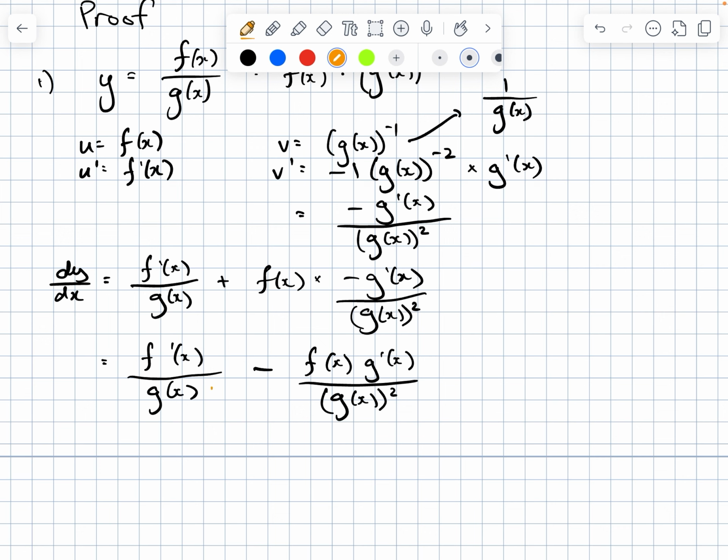In order to subtract these two fractions, I need to times the bottom by g(x) of the first fraction and the top by g(x).